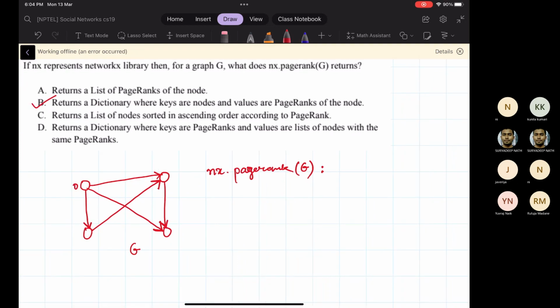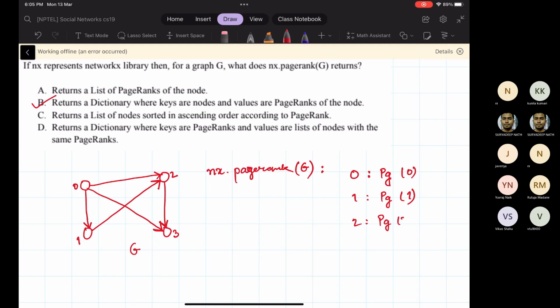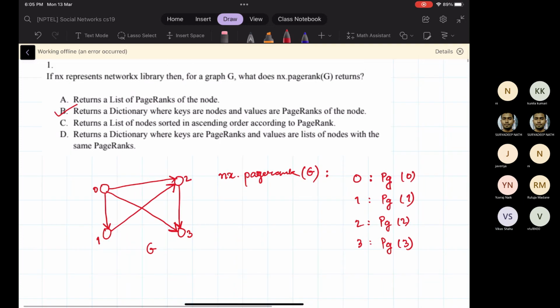Let this node be 0, this node be 1, this node be 2, this node be 3. So it would return something like 0 with the page rank of 0, 1 with the page rank of 1, 2 with the page rank of 2, 3 with the page rank of 3. So this is the format in which this function returns. So the right answer for this question is option B.